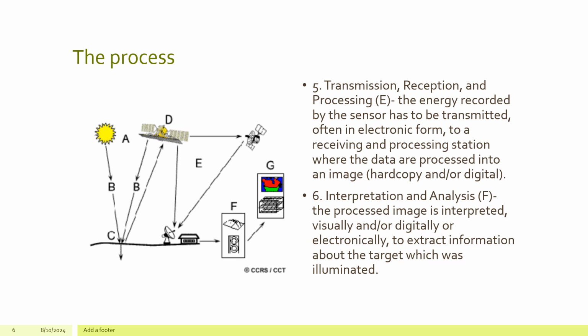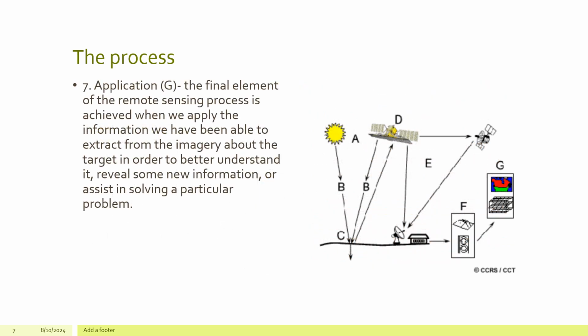This allows us to extract the information we need to be able to make decisions, which is the last part of that: application. So if the farmer does a multispectral analysis of his field and finds that in the northwest corner he's got some plant health issues, getting multispectral returns that are different than the rest of the field, there may be a problem. So we're going to go out there, use that to assess the problem, and then come up with a solution.